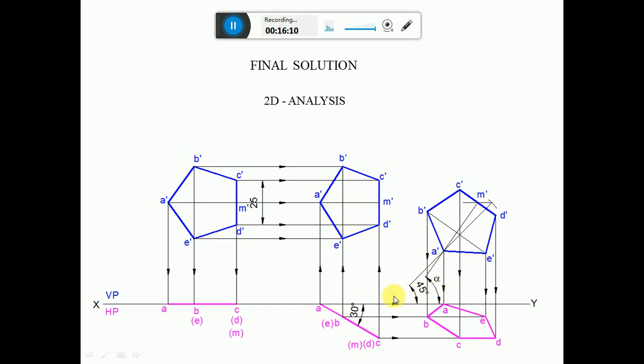Since the true inclination was given, we took the true inclination first, but as we have the apparent length, we needed to find the apparent inclination. So we found the apparent inclination, and in the final position you can see the corner is resting on the vertical plane. Since we have satisfied all the conditions, hence the problem is solved.